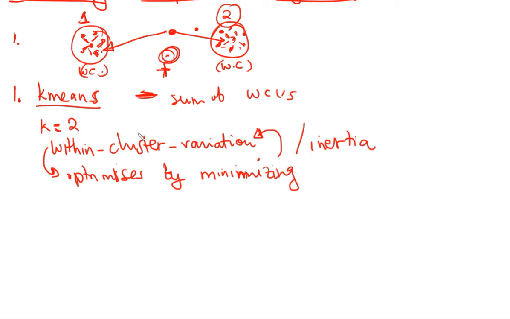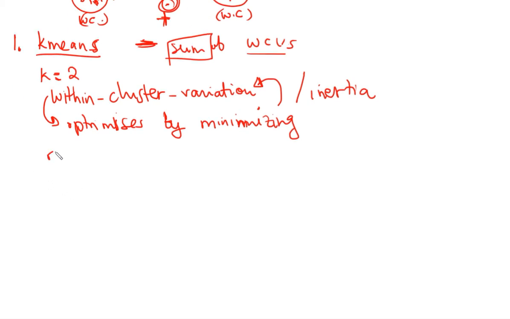Or if there's a third cluster here. So it calculates the Euclidean distances and then reassigns the observations. What this means is that after it is done, it hopefully has the lowest sum of within cluster variations, and then it's happy. It has assigned the right observations to the right clusters.